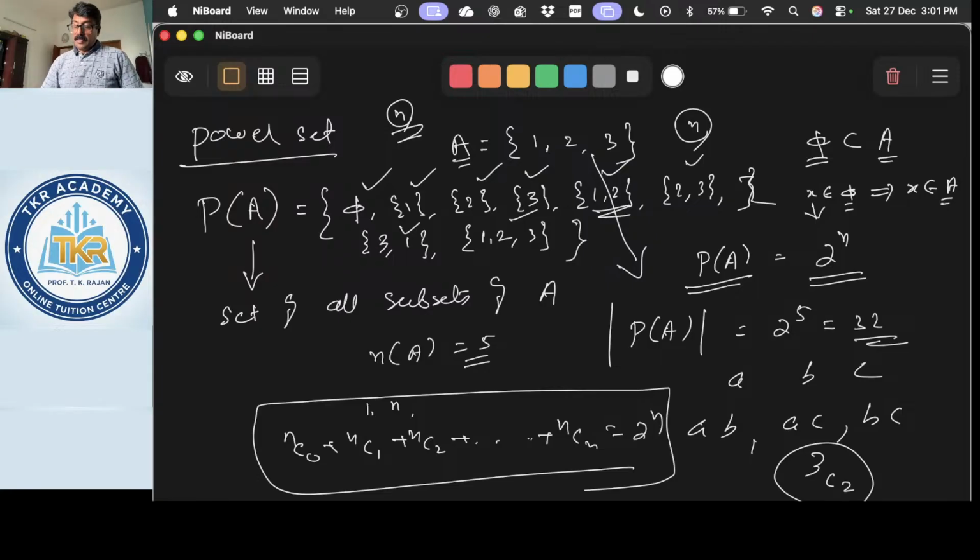Anyhow, you just remember here, if I say a set having n objects, the number of elements in the power set is 2 raised to n. So if A has 5 elements, or the cardinality of A is 5, then the power set has 2 raised to 5 elements.